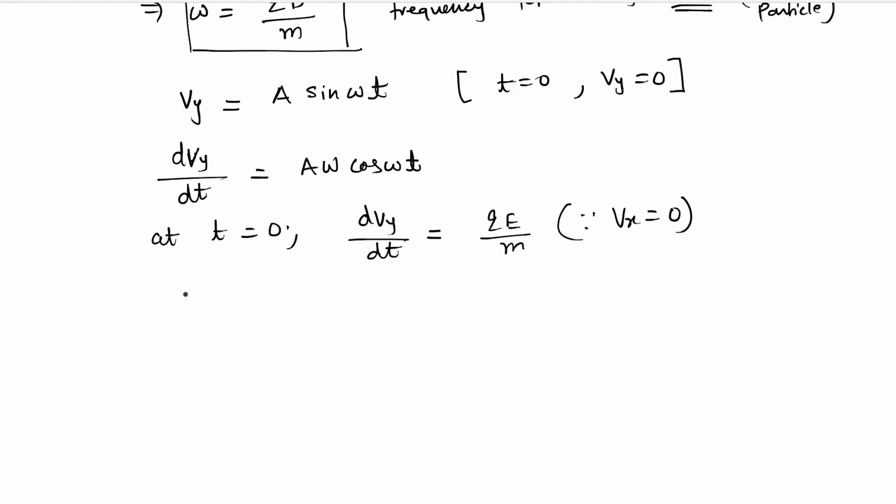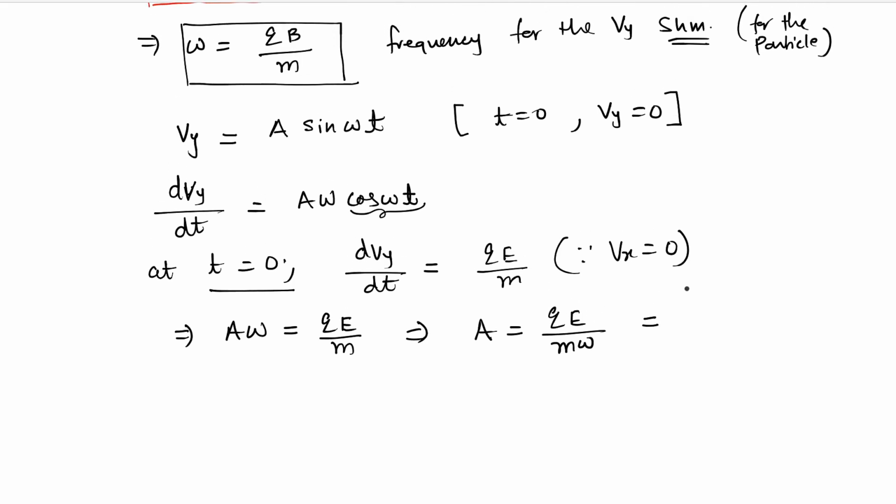Therefore, A omega is qE by m, because at t equal to 0, cos is 1. That implies A is qE by m omega, and we know that omega is simply qB by m from here. Therefore, we get A as, m cancels, q cancels, so E by B.